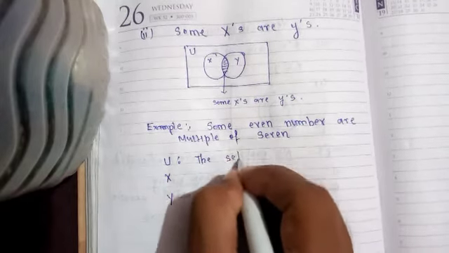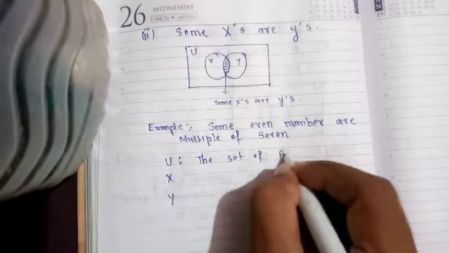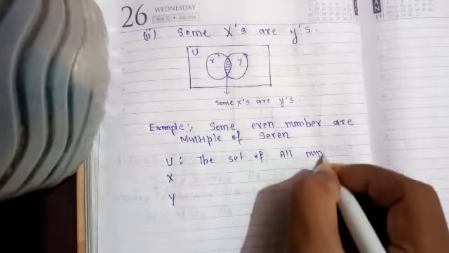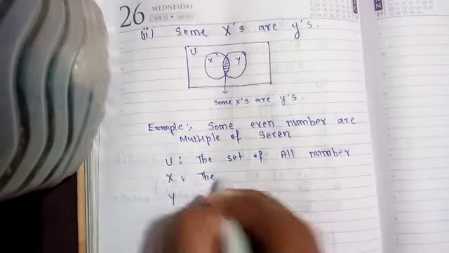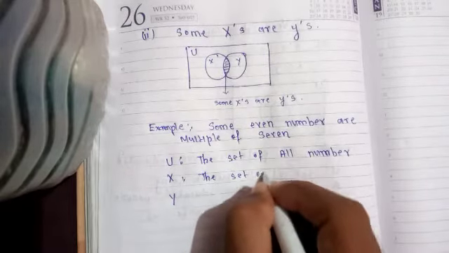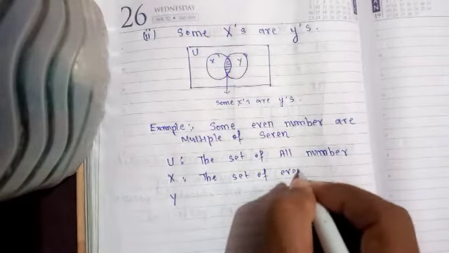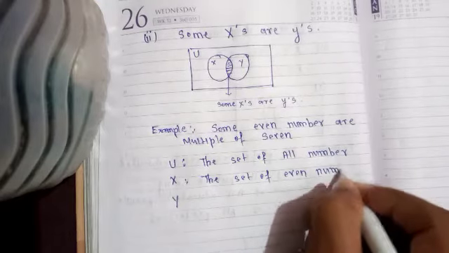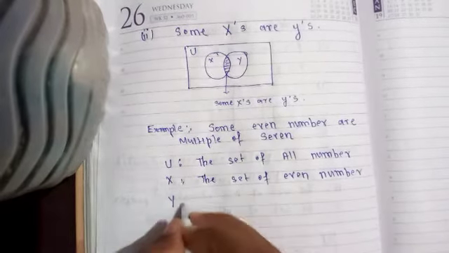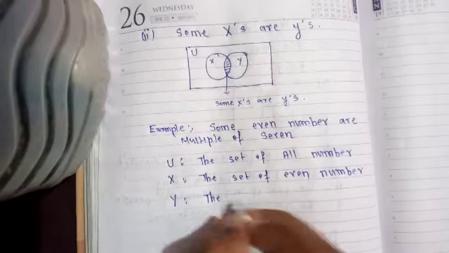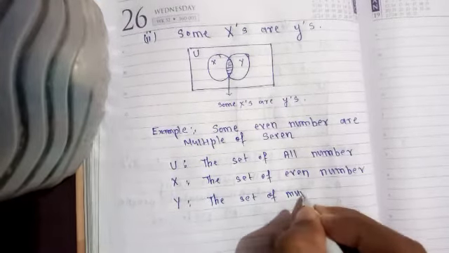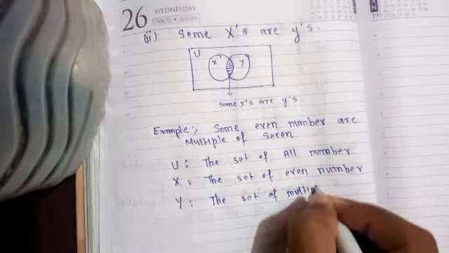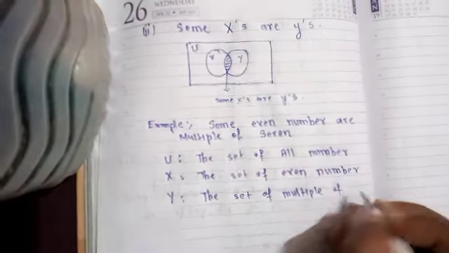X will represent the set of even numbers, and y the set of multiples of 7.